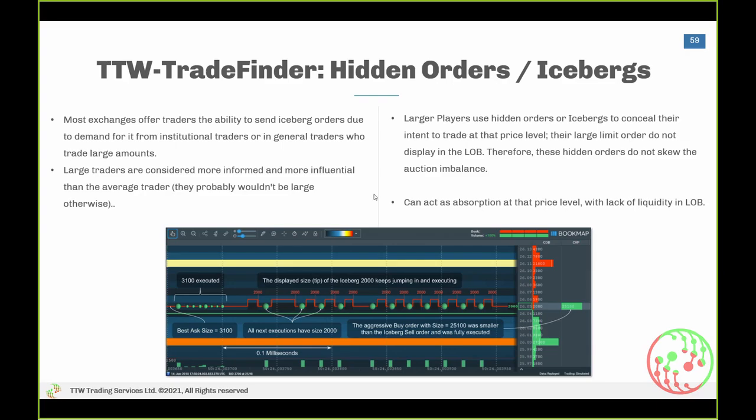We have 2 kinds of icebergs, or 2 kinds of hidden orders. First of all, native hidden orders, and second, synthetic hidden orders. The synthetic hidden orders are orders which are placed by a third-party software like TT Technologies.